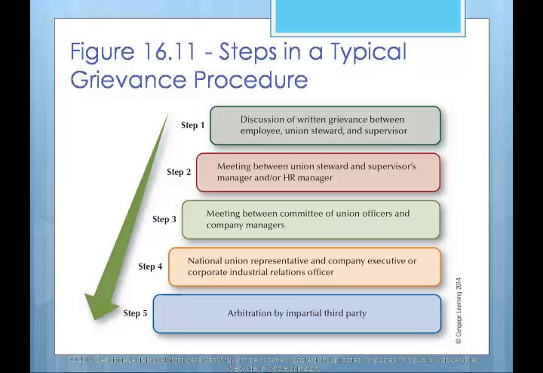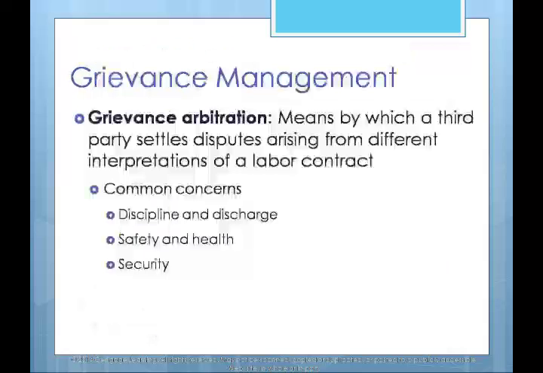Then the national union representative, company executive and corporate industrial relations officer, and then arbitration. The steps are pretty detailed in your collective bargaining agreement, and what timing you may have to have in each of these steps. Grievance management means that a third party settles the disputes in arbitration.